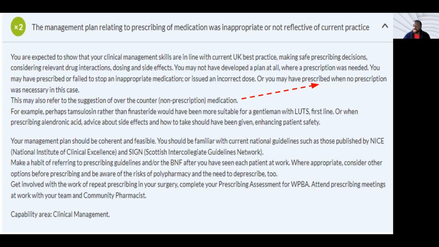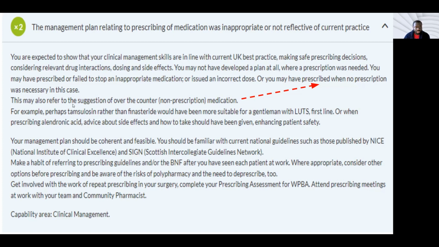It can just cancel all the good things you've done. So be very careful. Don't prescribe if you shouldn't prescribe. Don't refer if you shouldn't refer. And refer when you should refer. Because not prescribing when you should prescribe will make you fail management, and prescribing when you shouldn't prescribe could also make you fail your management.